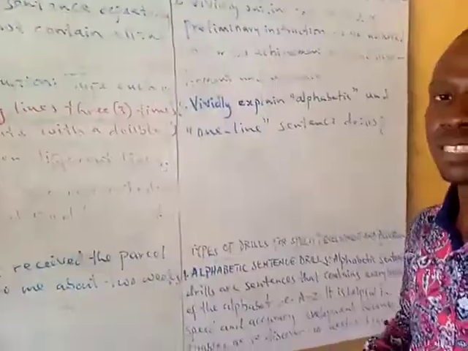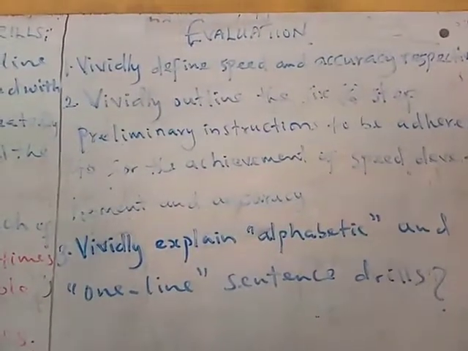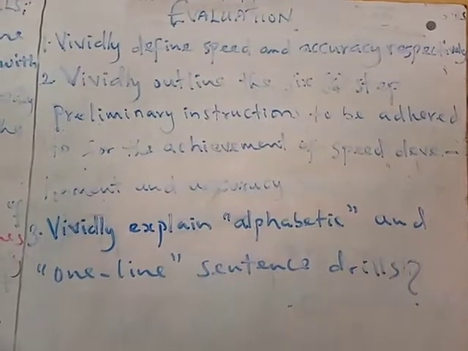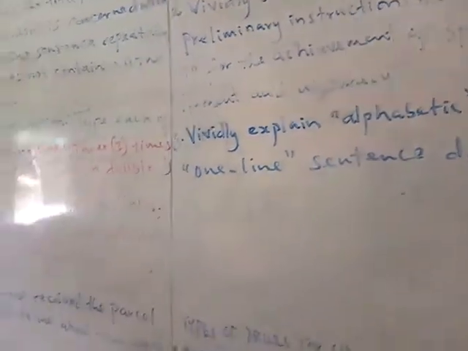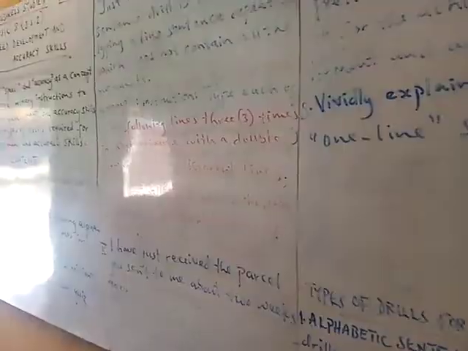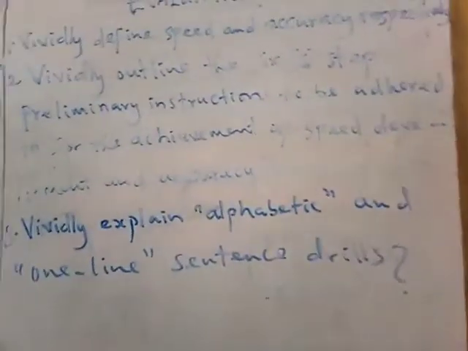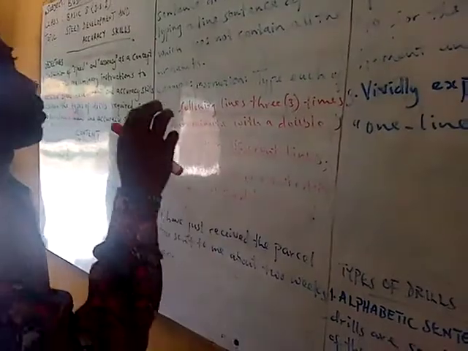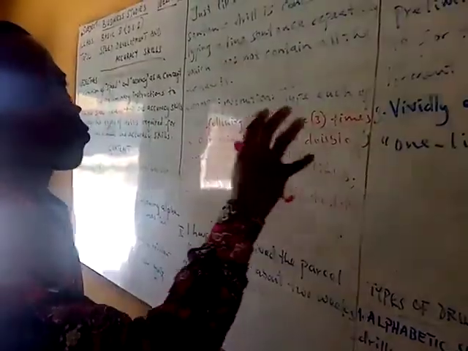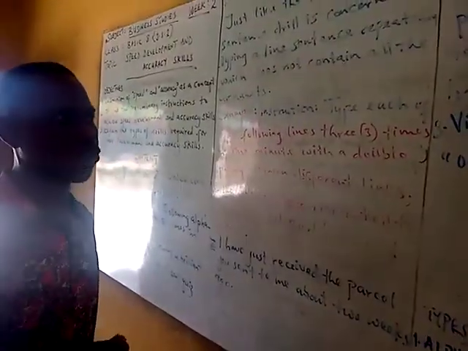But before we go to the assignment, let's look at our evaluation. Evaluation 1 says vividly define speed and accuracy respectively. In our study, we have seen what speed is and what accuracy is. Number 2 says vividly outline the 6-step instruction that you should take before you achieve speed development and accuracy.